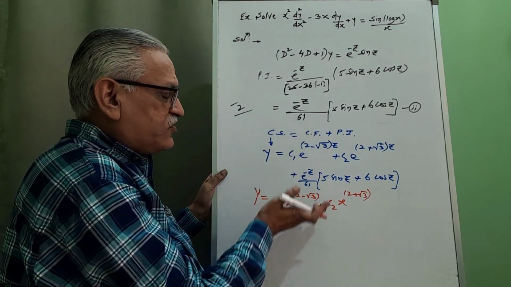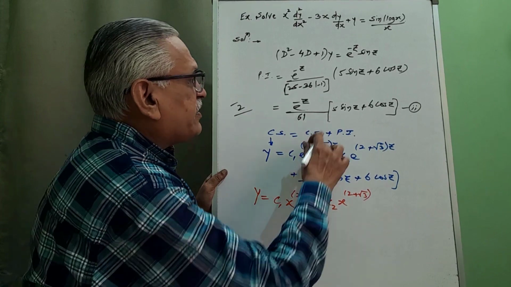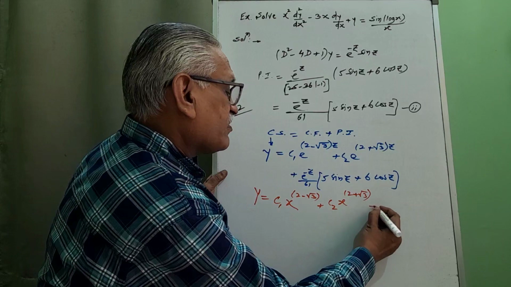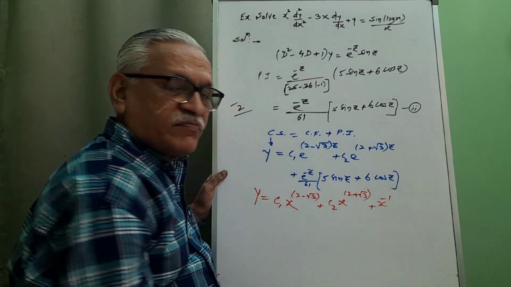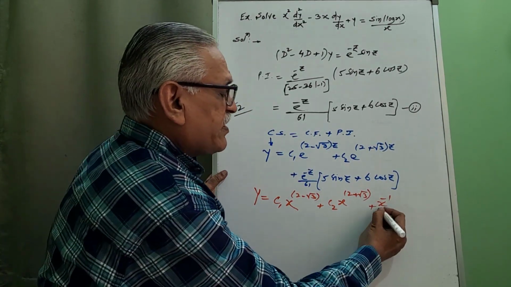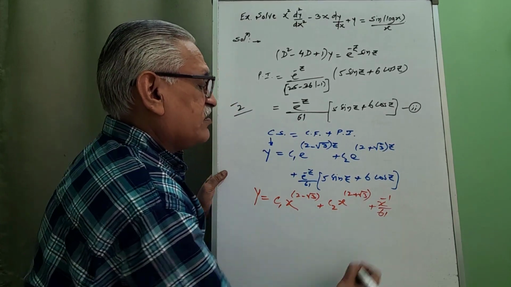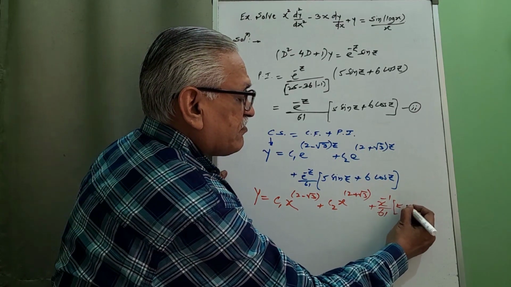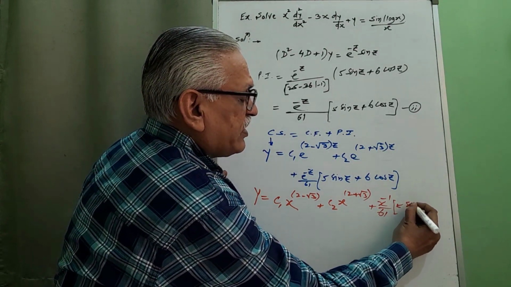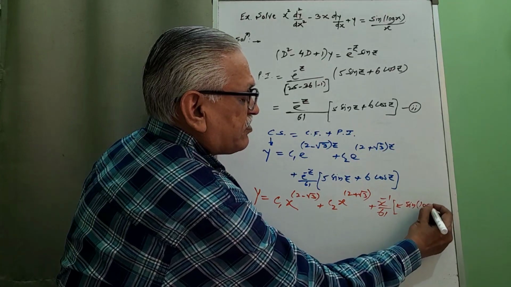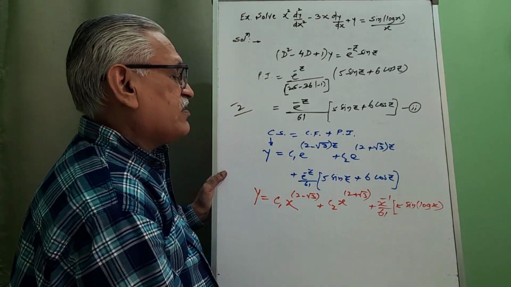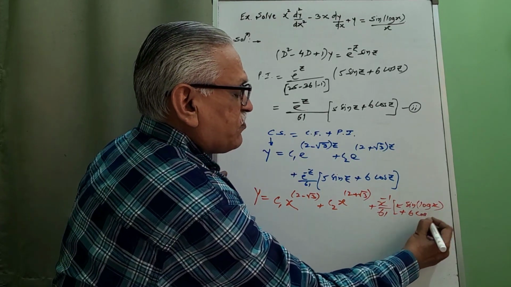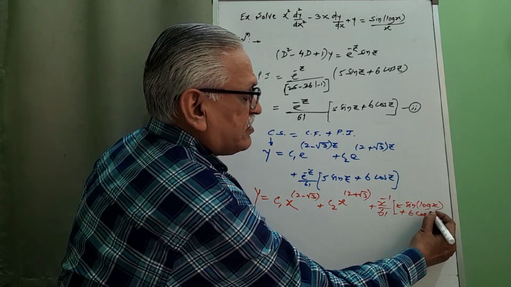I have converted in terms of x, plus e raised to minus z, x is e raised to z. Therefore, this becomes x raised to minus 1, divided by 61, 5 sin z, z is nothing but log of x, plus 6 cos z, z is again log x.